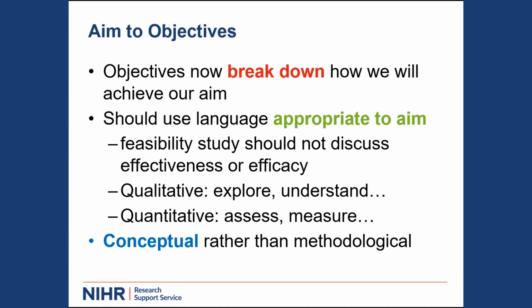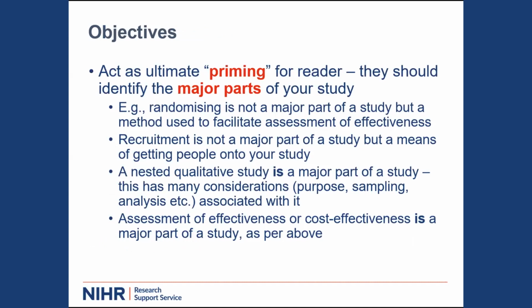So for example, you should use your aim to talk about what is appropriate for the study. If it's a feasibility study, don't talk about effectiveness or efficacy. Mention qualitative, mention quantitative. So that's the top level key information that the reader needs to know to orientate them through your study. So objectives are really there just to be that primer for the reader.